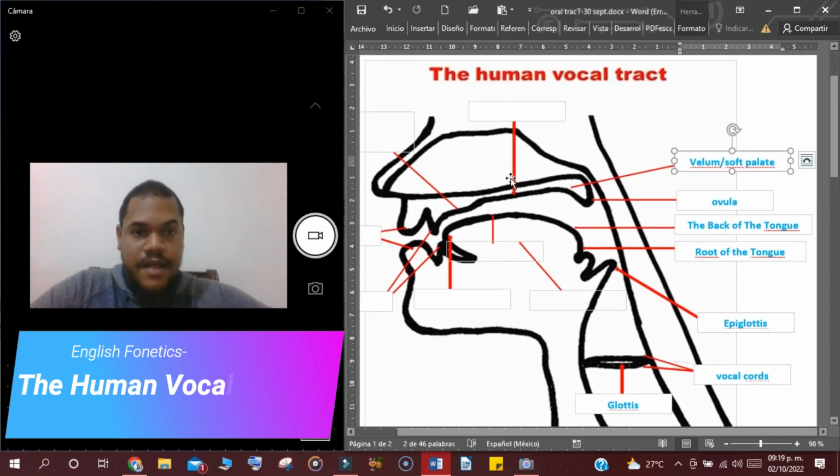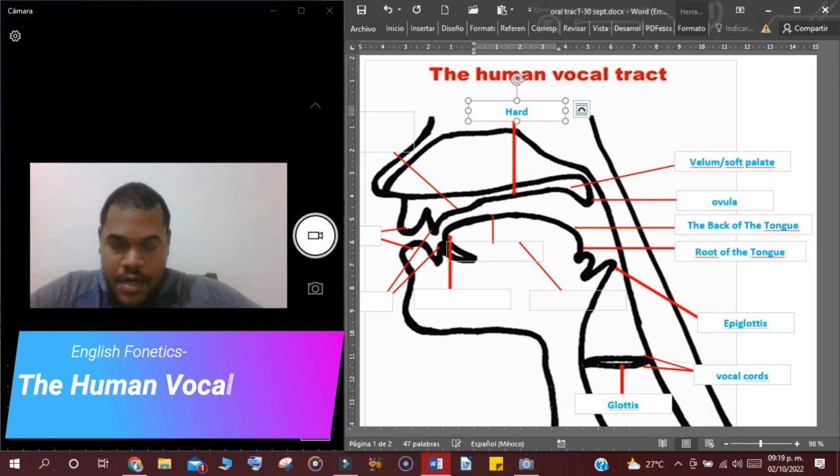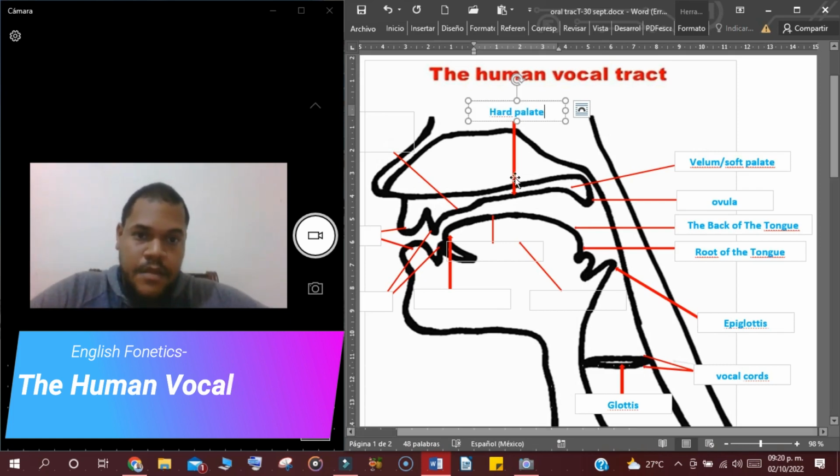Right here, we have the hard palate. The hard palate is very important, and is mostly used as a place of articulation with the front of the tongue.